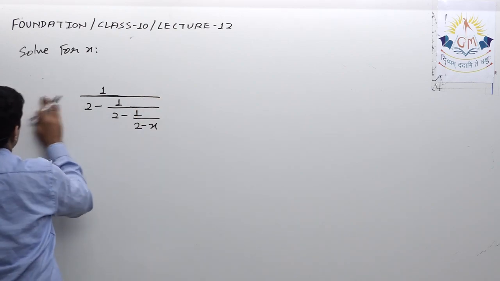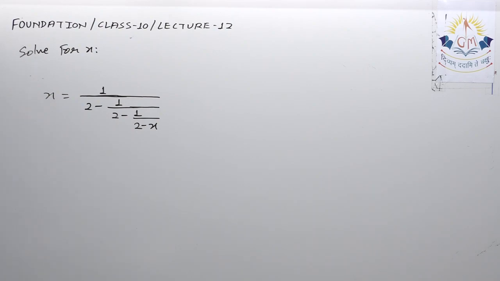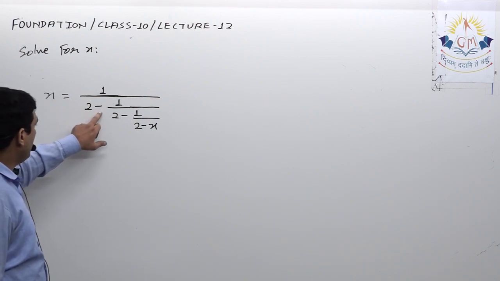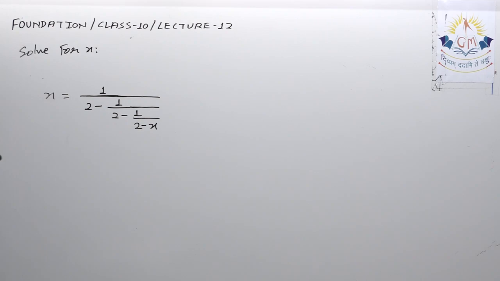Okay, this is the question: 1 upon 2 minus 1 upon 2 minus 1 upon 2 minus x. You have to solve this for x. You have to find the value of x.